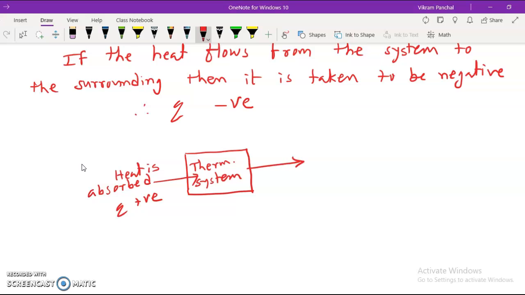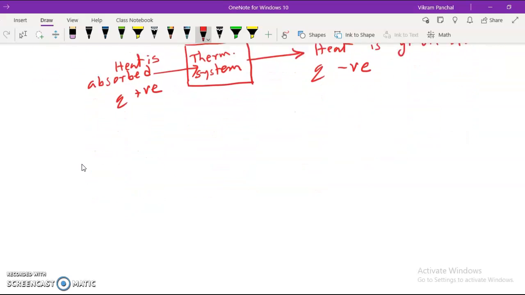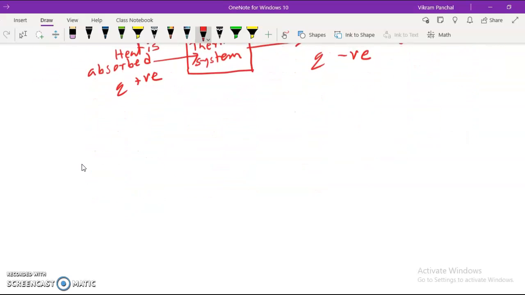And if heat is given off by the system, then Q will be negative. So please remember this. This is very important, that when you have to take Q positive and when you have to take Q negative. It's like for endothermic reaction Q will be positive, for exothermic reaction Q will be negative.